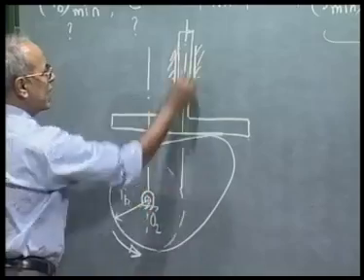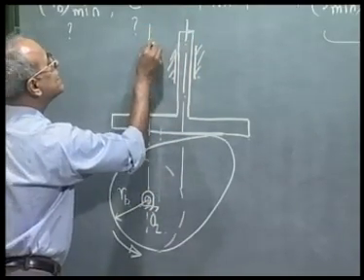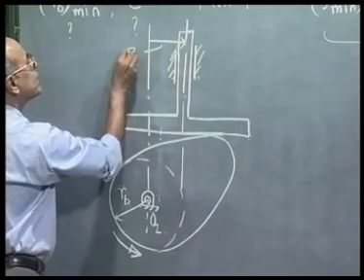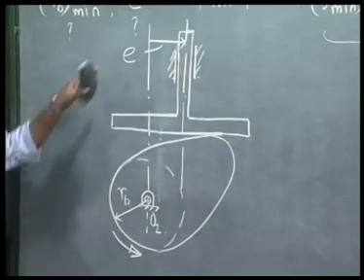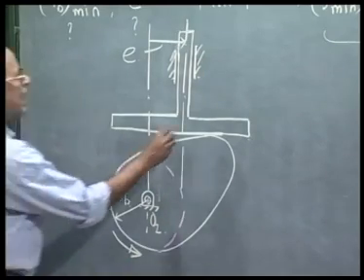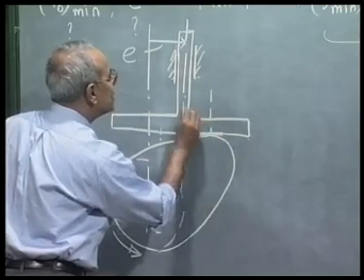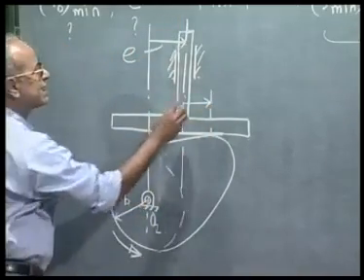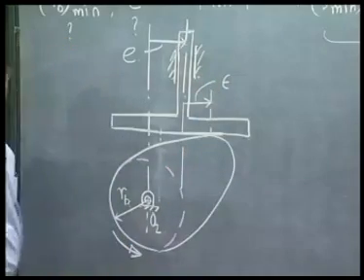This is the follower axis along which the follower translates, and this distance is called the offset in the positive direction for this rotation of the cam, and that is e. And this is the contact point. The distance of the contact point from the guide axis is the eccentricity of the driving effort, epsilon.